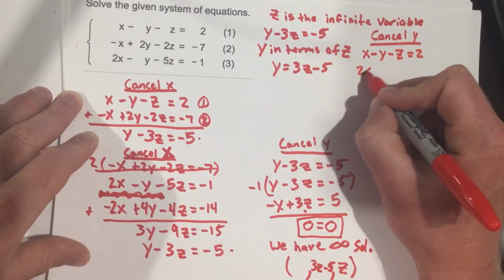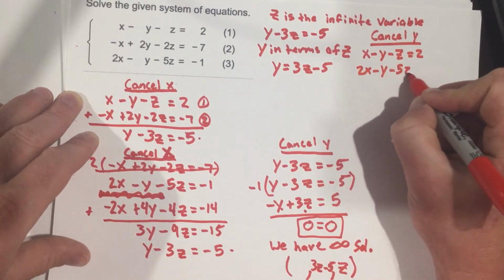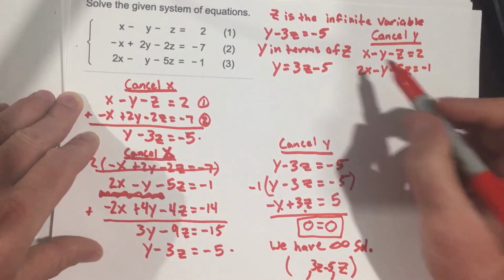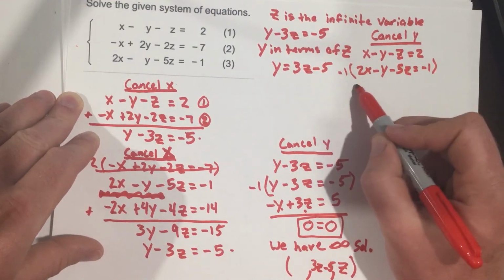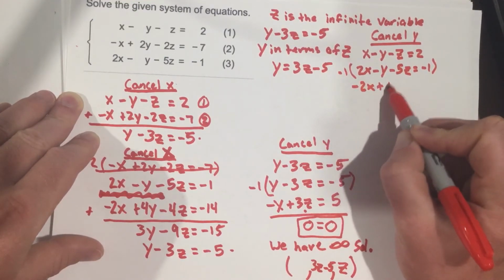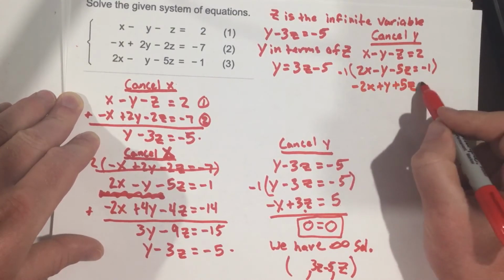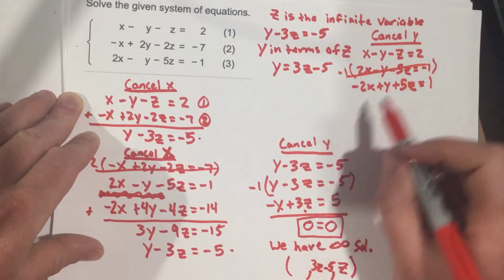And then 2x minus y minus 5z equals negative 1. I'm going to multiply the bottom equation here by negative 1. That's negative 2x plus y plus 5z equals 1. I'm going to cross that out lightly.